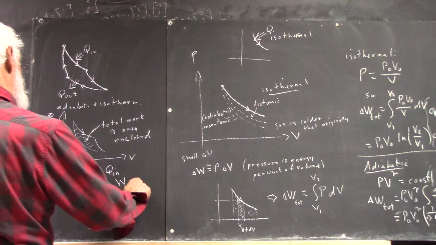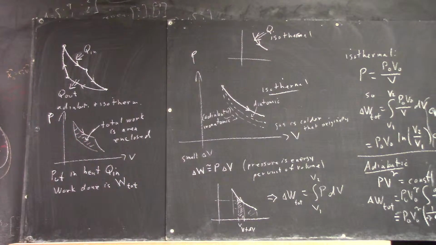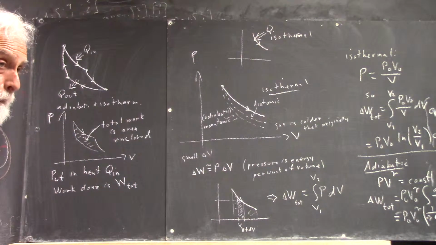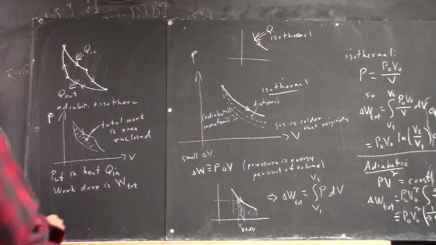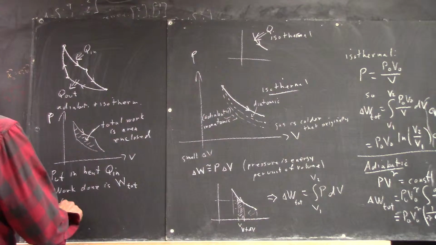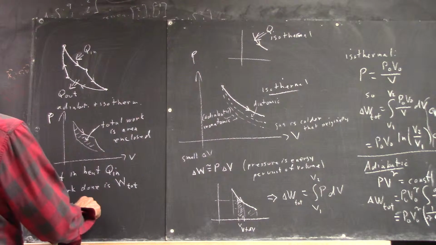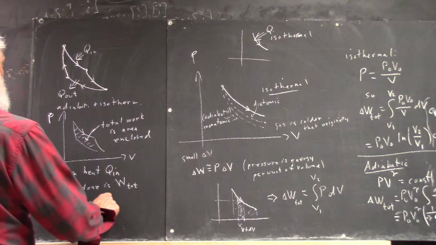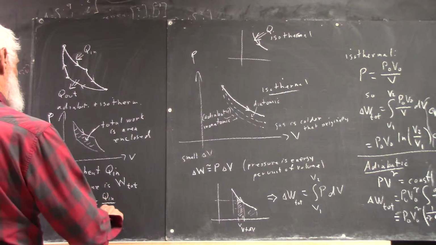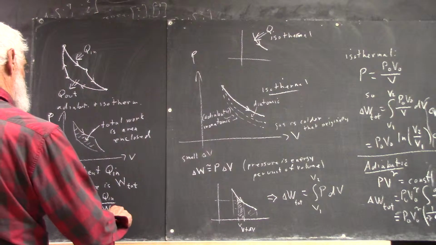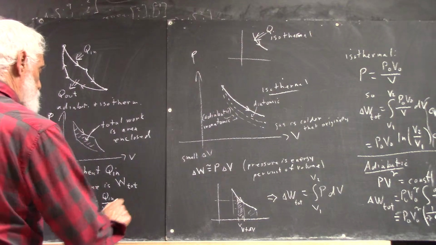I won't even use a W, I'll just say work done is W total. Efficiency is W total over Q in.